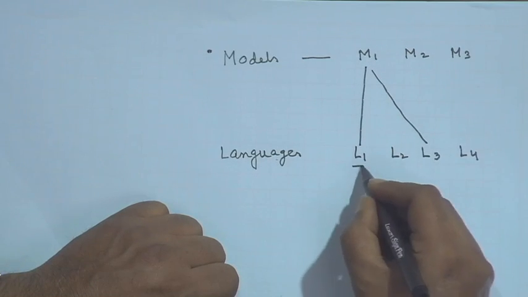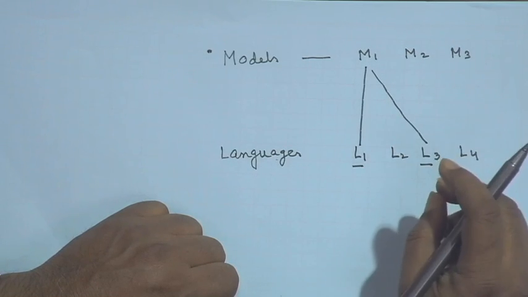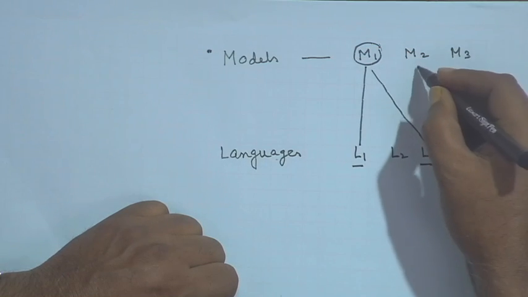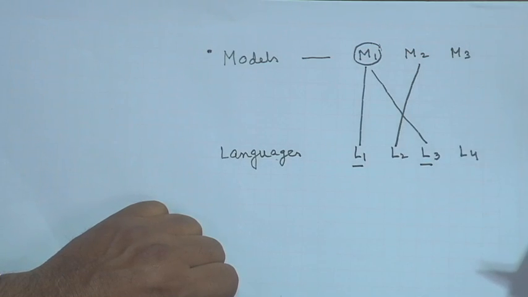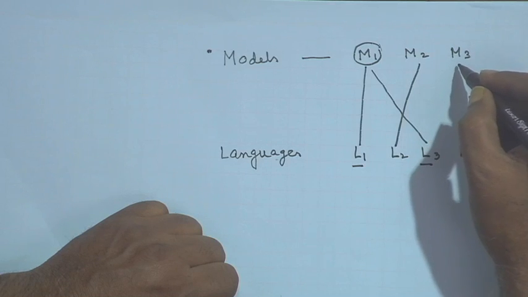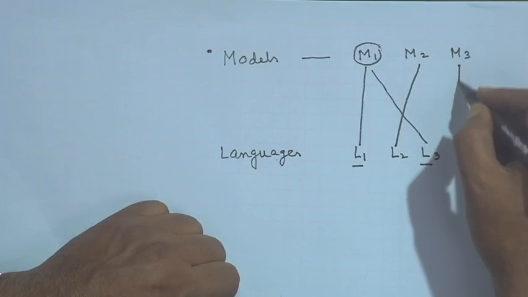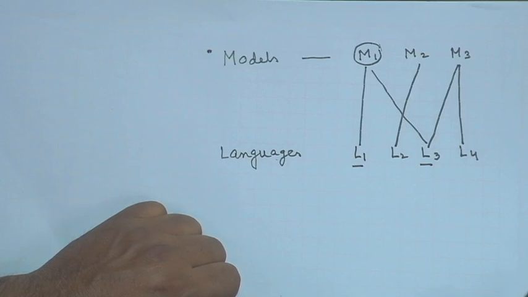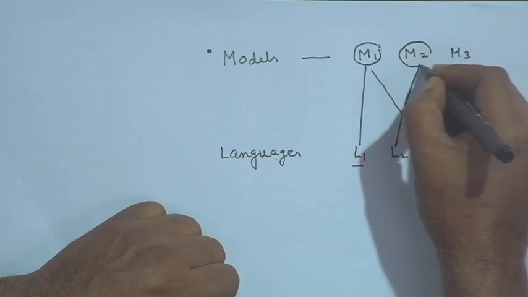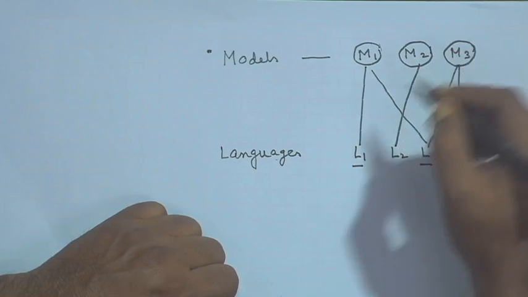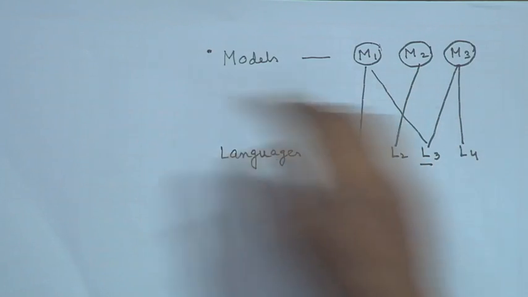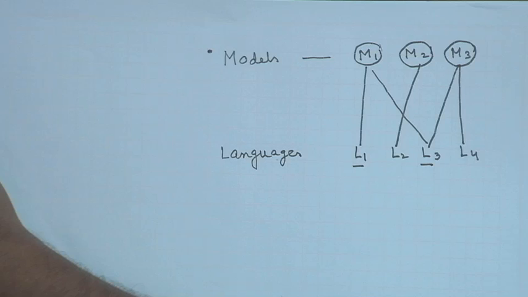Maybe L1 and L3 are powerful enough to capture model M1, maybe L2 can capture models M2, and M3 may be captured by both L4 and L3. All right. So, there are two things: one is the model part, and the other is the language in which I can represent a model. Okay. So, we will look at models and architectures.